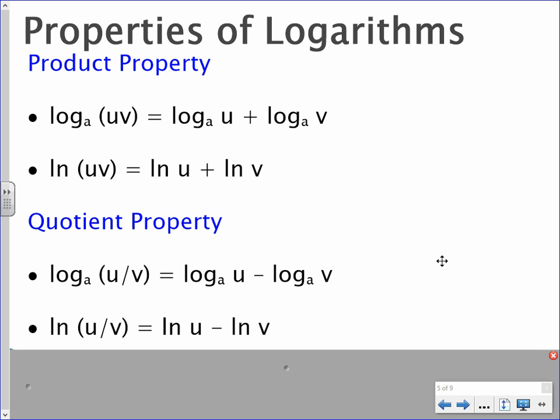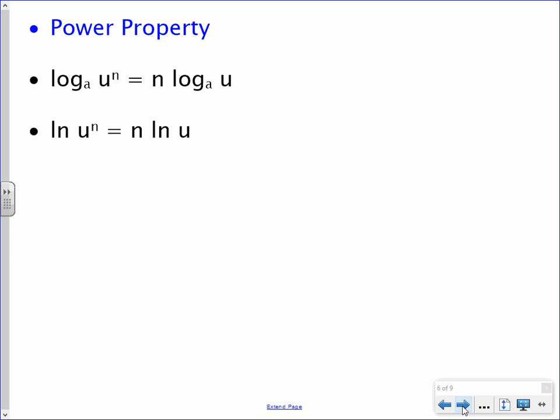The last property is called the power property, where if there is a power inside of our logarithm, we can take it out and multiply it in the front.